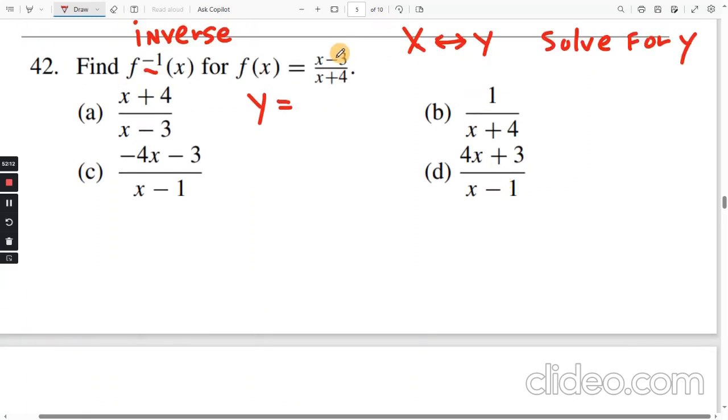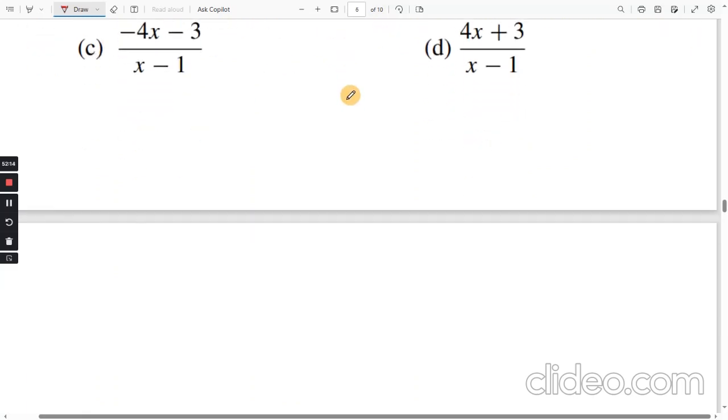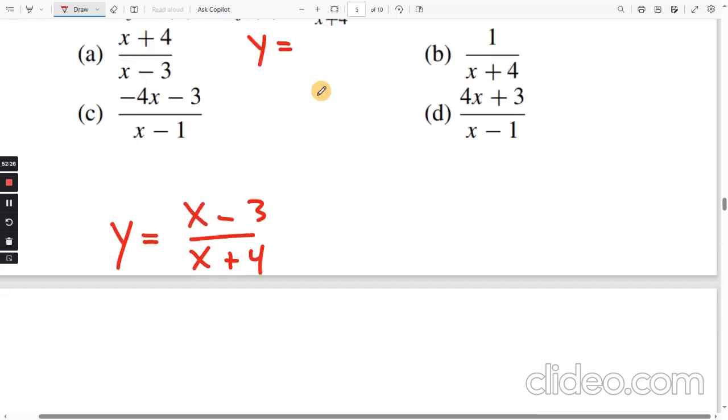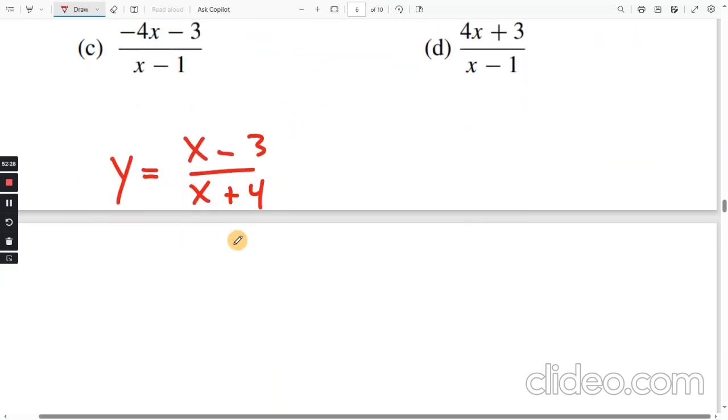Alright, we have y equals x minus 3 over x plus 4. So what you want to do is reverse the x and the y. So the y is now an x, and the x's are now y.